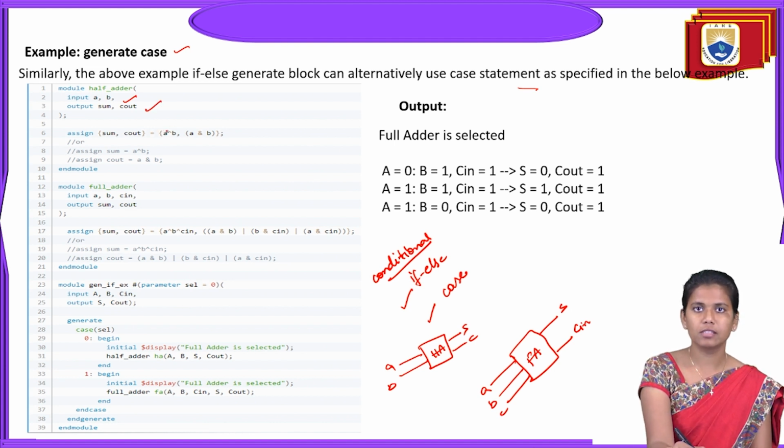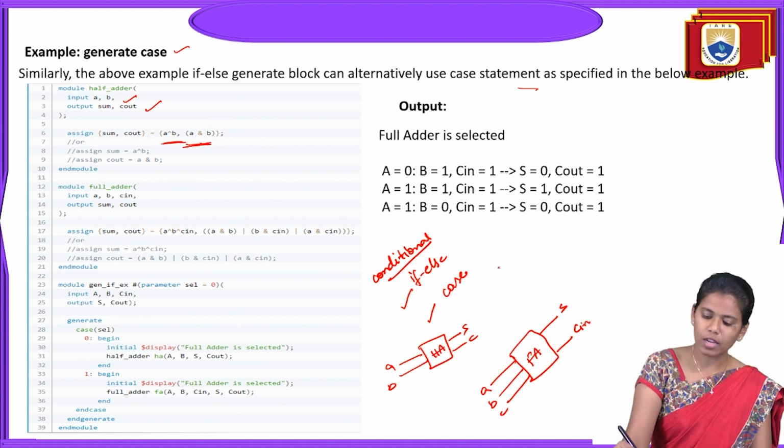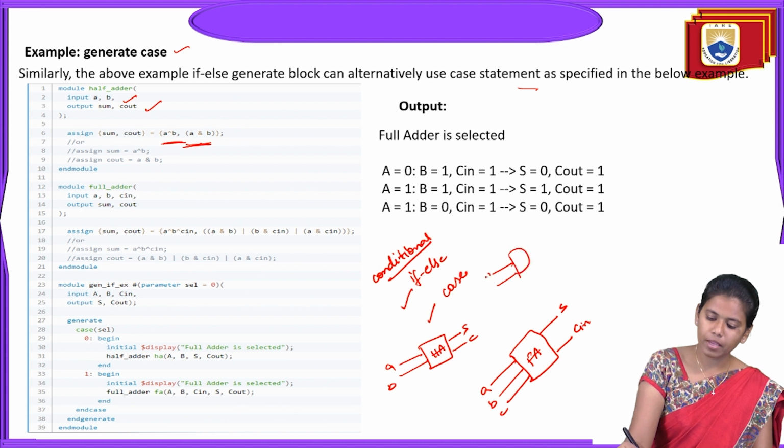Assign is a keyword. Sum and count are given by A or B, A and B. Here we are instantiating with respect to the gates.